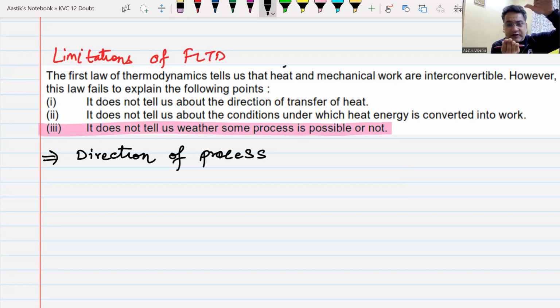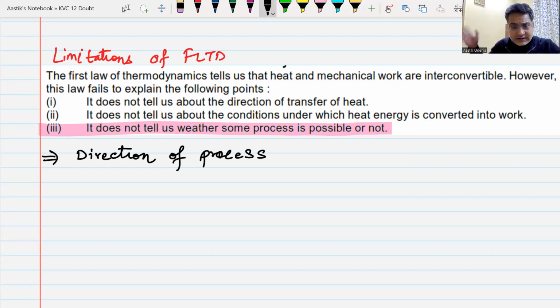Potential energy is getting converted into sound, light, heat. The reverse process is also possible. That means if I give heat to this body, if I produce sound, this pen will go up. But we know that this pen is never going to go up if I produce heat and sound over here. That means the first law of thermodynamics does not tell us in which direction the process is possible. Do we understand this? Yes or no?